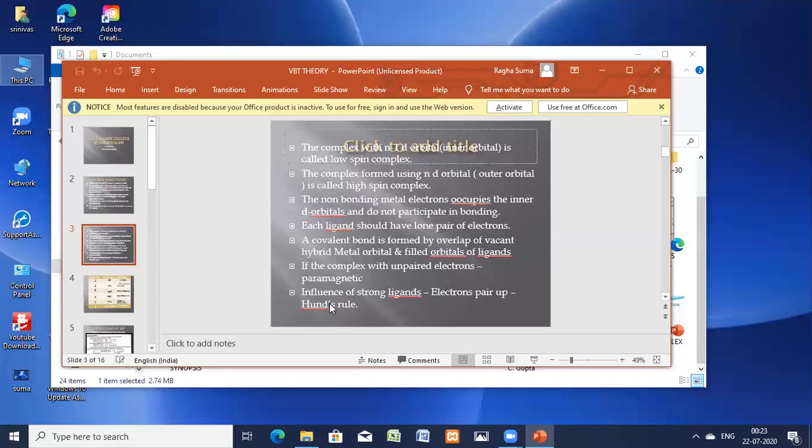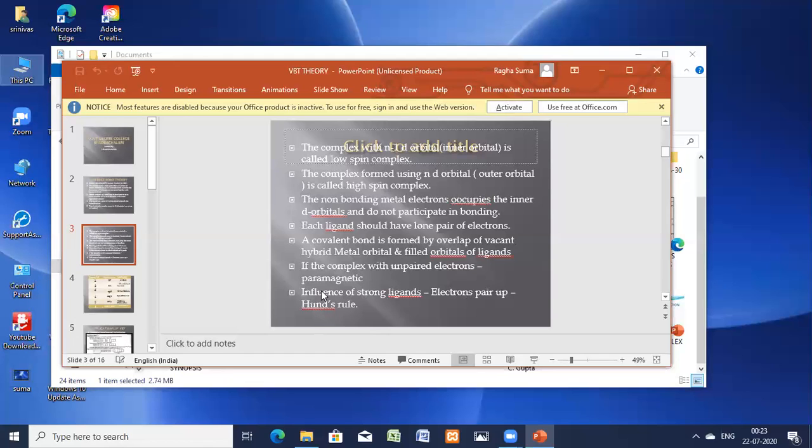So what is Hund's rule? All orbitals will singly occupy before they get doubled. That is Hund's rule. But in these complexes, it goes against the rule. That is what is marked here.